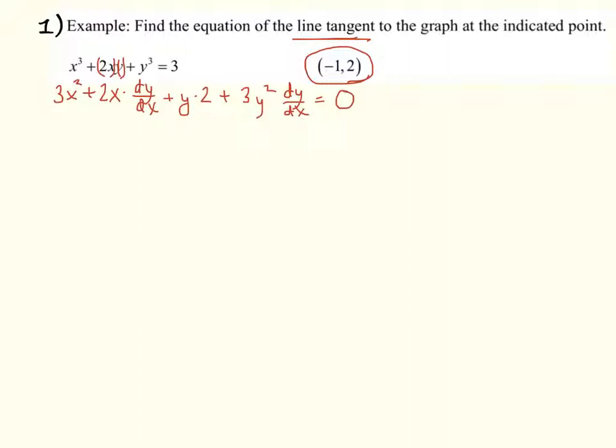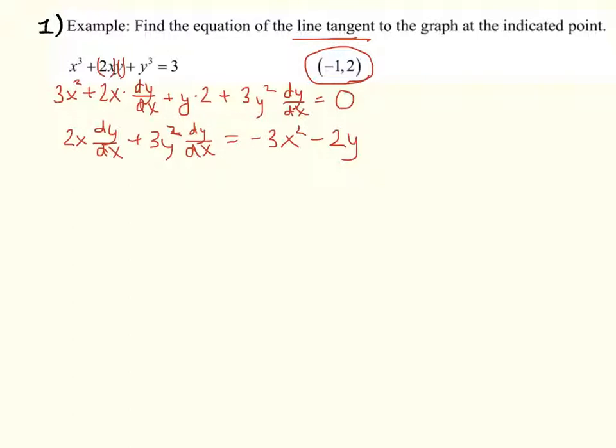Alright, so remember we collect our dy/dx terms on one side. So that would be 2x dy/dx and 3y squared dy/dx is equal to, everything that is not a dy/dx term gets shoved to the other side. So we have negative 3x squared and we have minus 2y.